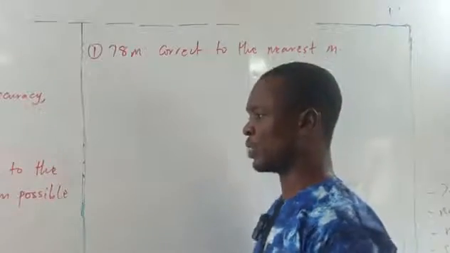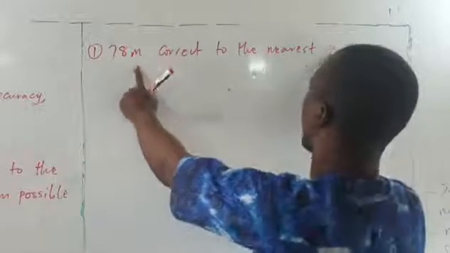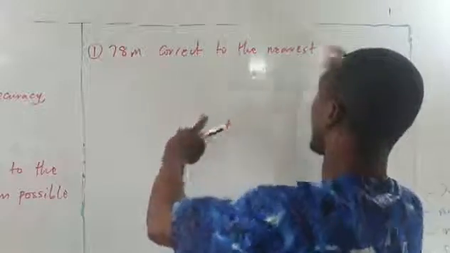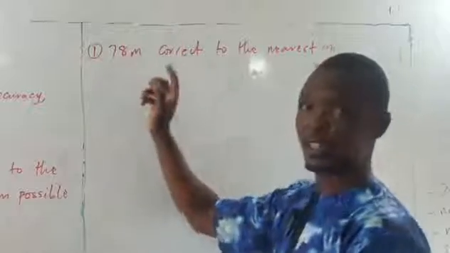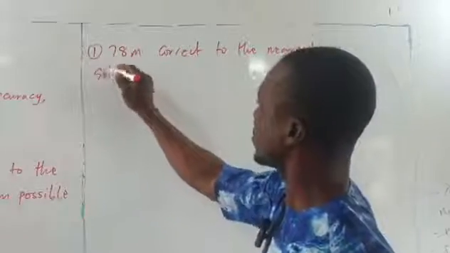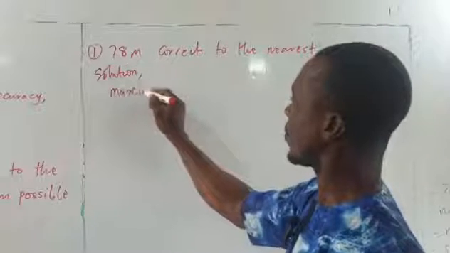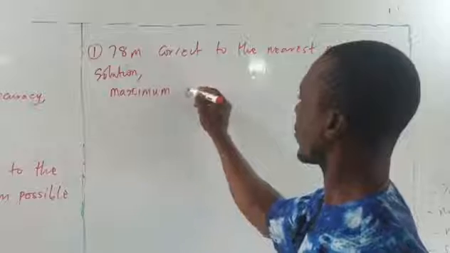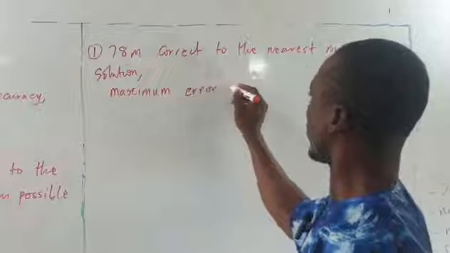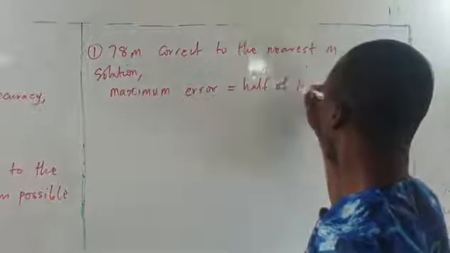How do we get the maximum error? We are correcting 78 meters to what? Meter. So the meter we are correcting to is the unit. The maximum error will be half of 1 meter.